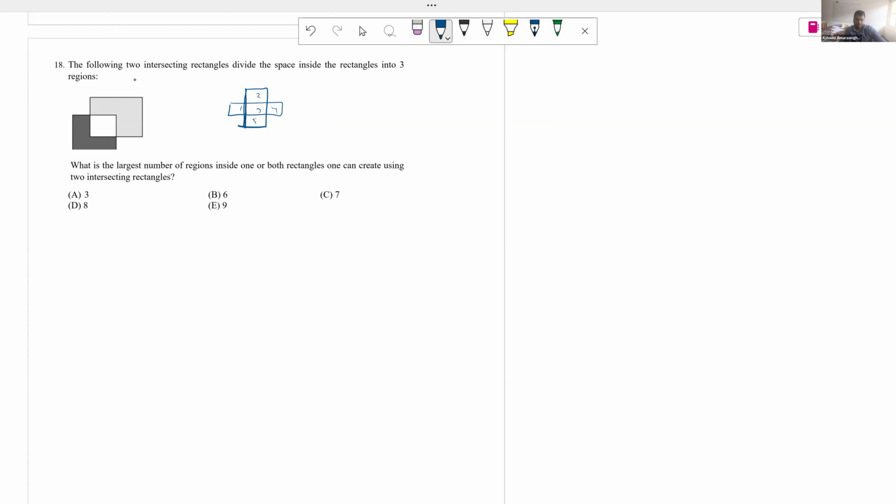But if the rectangles are more square-like, and if you intersect it like this, you can get 1, 2, 3, 4, 5, 6, 7, 8, 9 regions. And that would be the largest number, and you can see 9 is the largest number here.